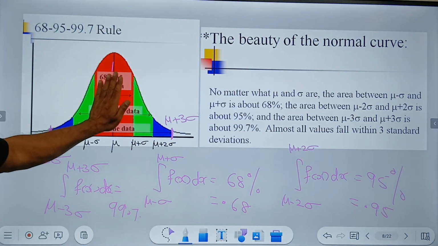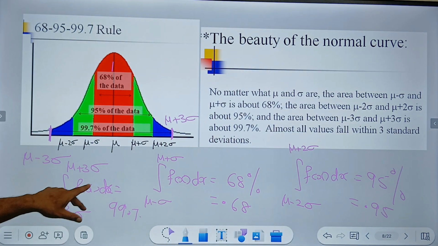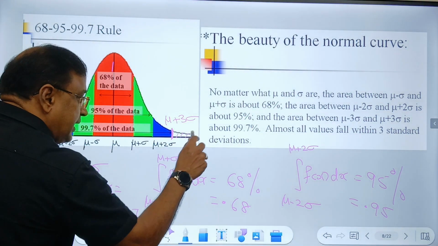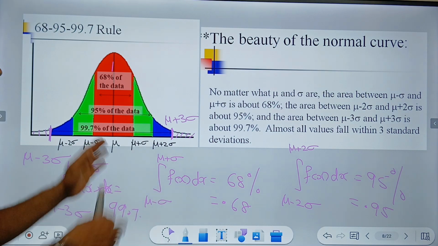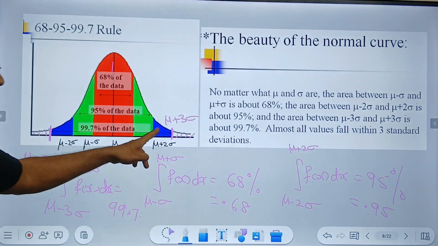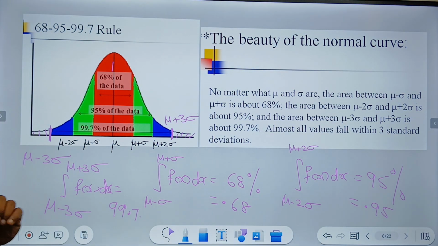So this red region, green region, blue region put together will give you 99.7% of the probability. The remaining, the tail, its contribution is only 0.3 in total, 0.3 by 2 on this side and 0.3 by 2 on the other side.